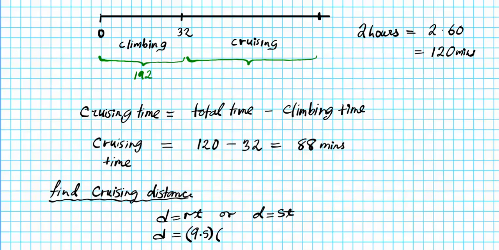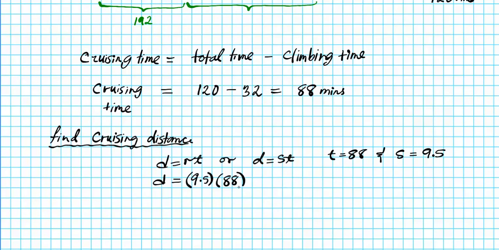Just put a side note: time is 88, and our rate or speed for cruising is 9.5. So put this together, 9.5 times 88. Multiply that in your calculator, you get 836 miles.